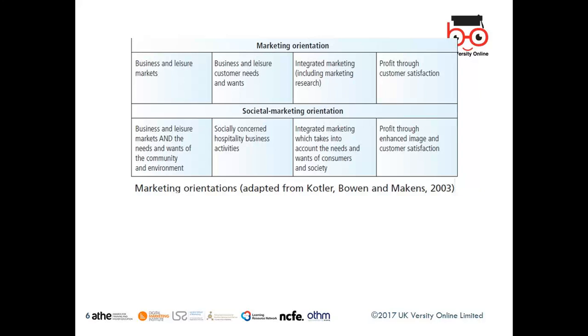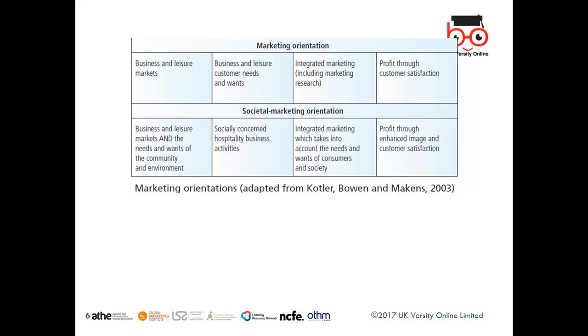For example, in the UK the government is going to introduce a 20 pence levy on cafe cups, the Costa cafe coffee cups, from 2020. That's towards the environment, to fulfill the commitment of social marketing. But maybe that 20 pence increase in price is not satisfying to many customers. So we need to look at how we could balance it.